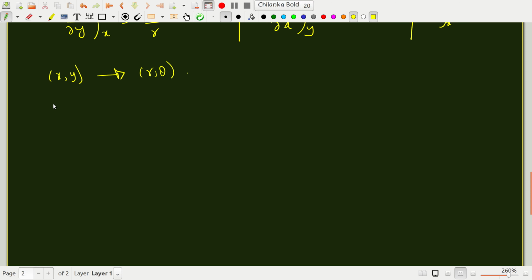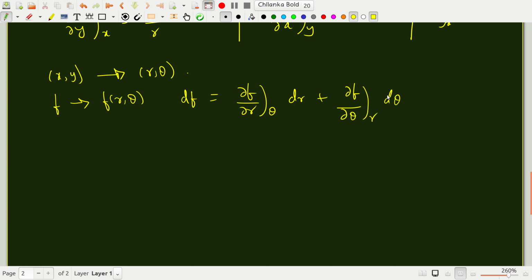In order to do that, first you think of f as a function of r theta. Then df is nothing but partial f partial r at constant theta dr plus partial f partial theta at constant r d theta. This is the total differential of f if f is written as a function of r theta. Now in my original expression for the Laplacian, I have partial squared f partial x squared.